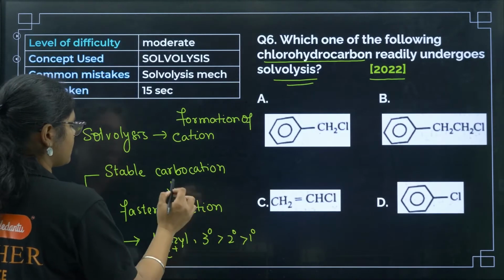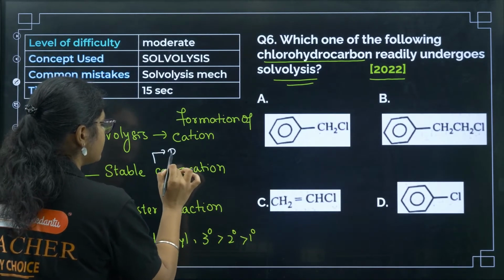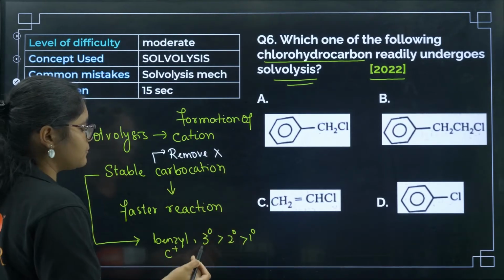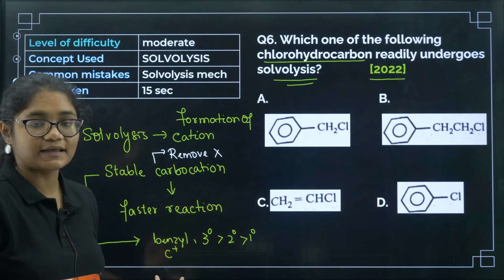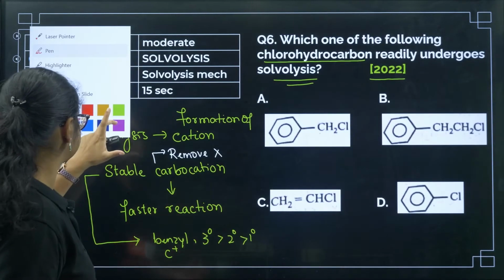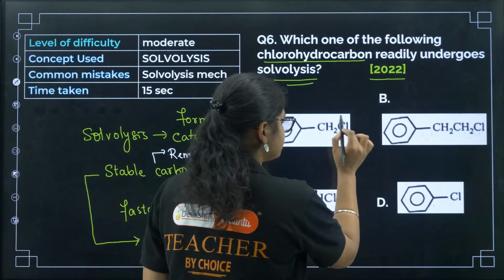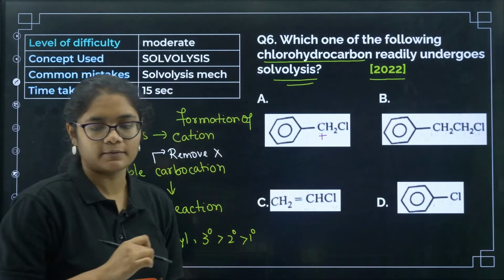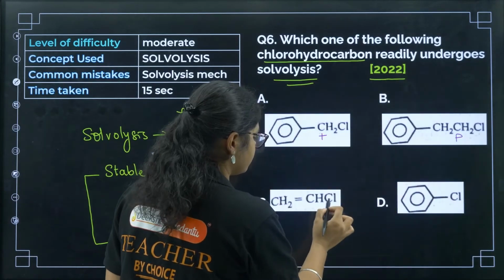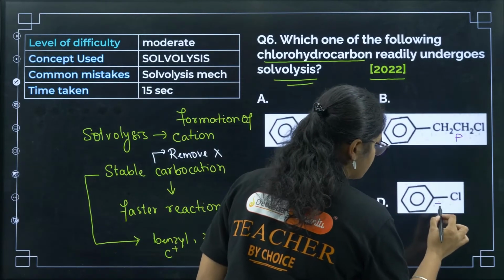To find out the carbocation you should remove the X, then you will get carbocation, then you need to check the stability of the carbocation. So if I see now here, after this chlorine goes, plus charge will come on this carbon, right? Now here if it goes, plus will come here, if this goes, plus will come here and plus will come here.